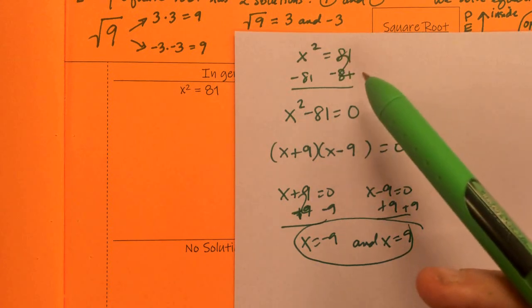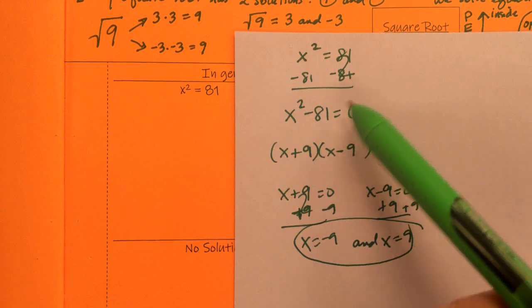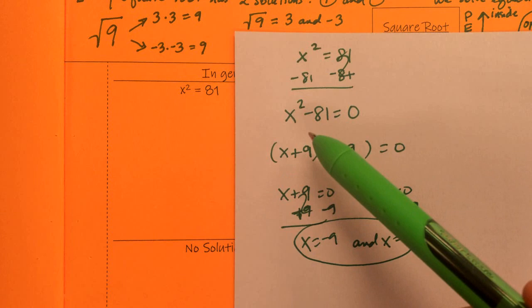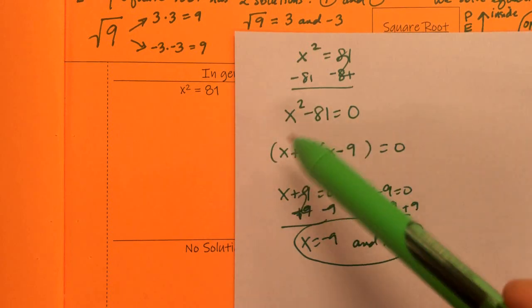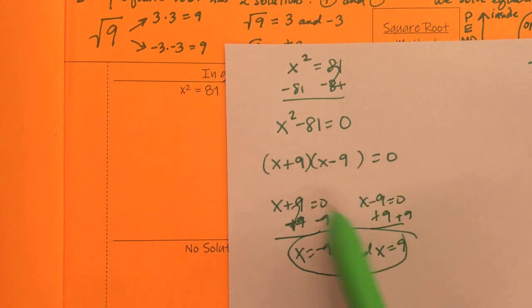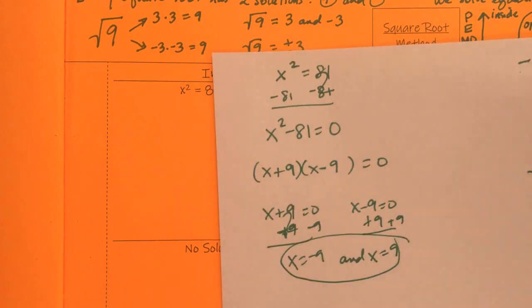Maybe you decided to factor it. And when you factored it, you'd have to get it set equal to 0. Hopefully you recognize this was difference of squares. If you didn't, you'd have to make a box and do that. x plus 9, x minus 9 equals 0. You set each of them equal to 0, and you solve, and you get x equals negative 9, positive 9. Does this track with what we've done so far?